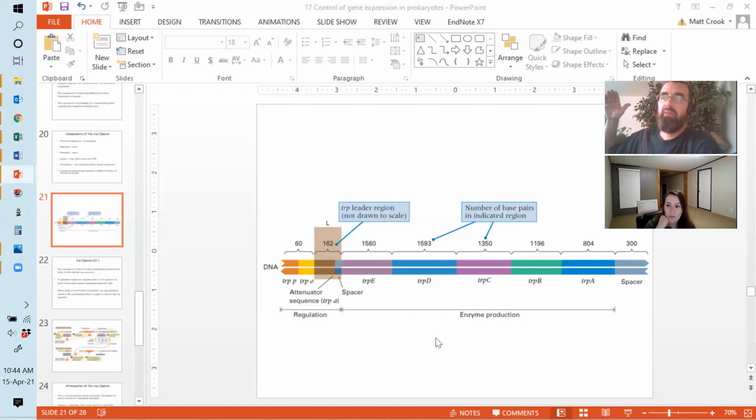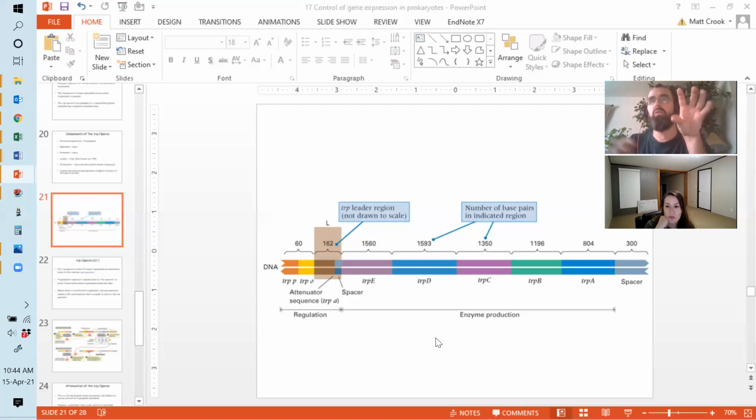So once the consumption of the tryptophan increases and the tryptophan levels drop, it's not being replaced by the production of tryptophan because the trp operon is dialed back. Then you have fewer charged tRNAs around. Those charged tryptophan tRNAs are not going to be included into that leader polypeptide sequence.